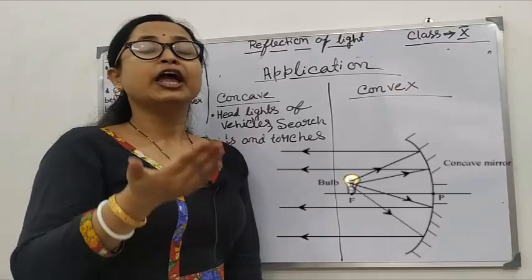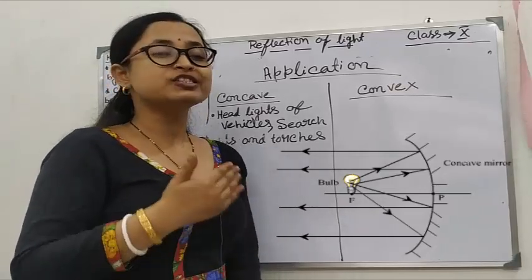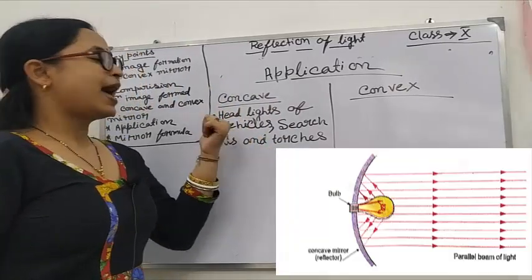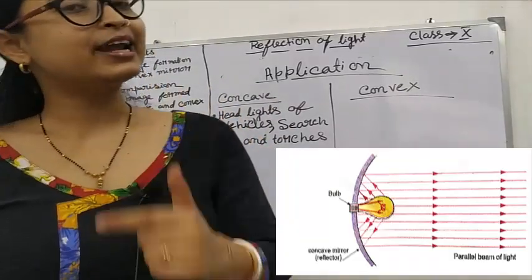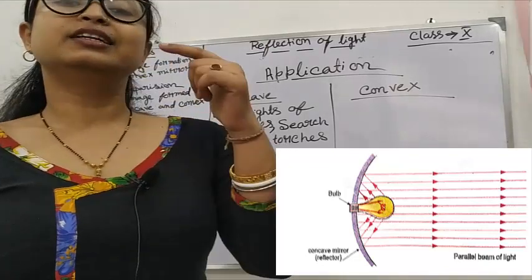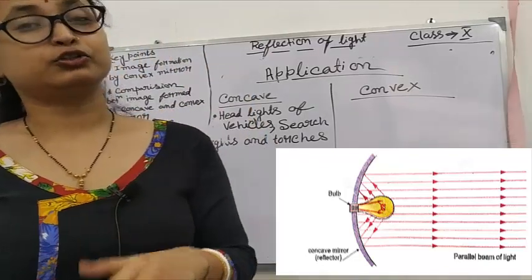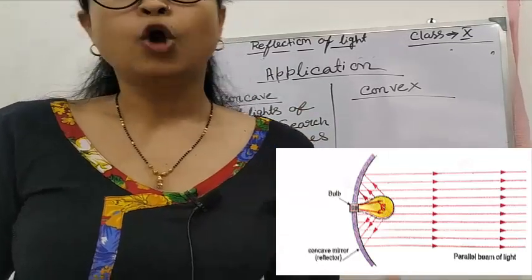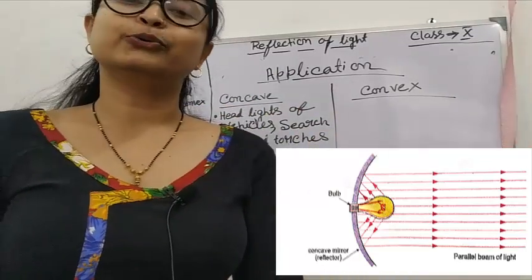As a result, it will help us to see the road. So that's why concave mirror is used as a reflector in the headlights of the vehicles, searchlight and torch also. Why? In order to produce the parallel beam of light which helps us to see the road.